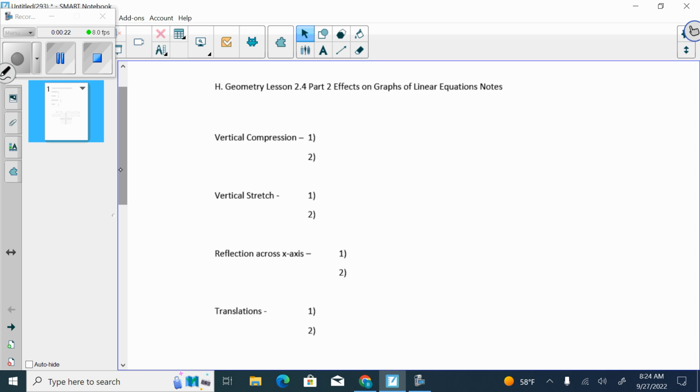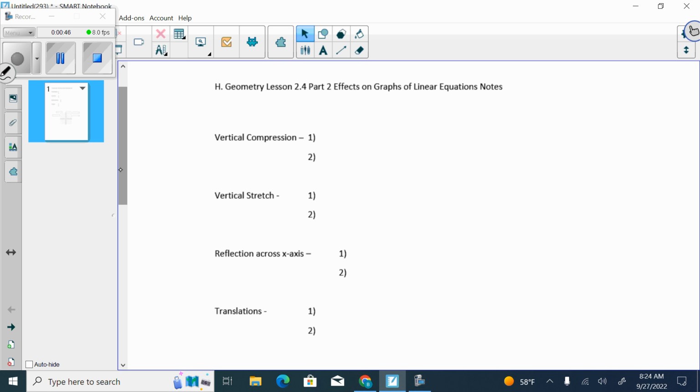Okay, so most of us figured this out or asked a question about it prior to turning that assignment in today. But compression, just in the general sense of the word, means to put pressure on something, right? To push something down. So if I had a line here and I push down on it, it should be getting flatter, right?